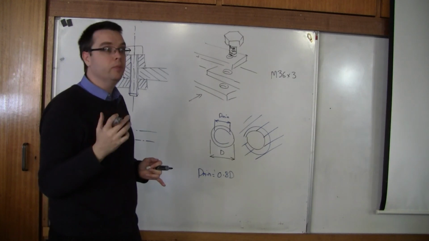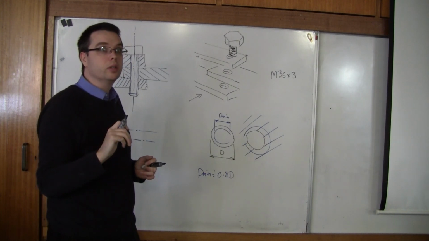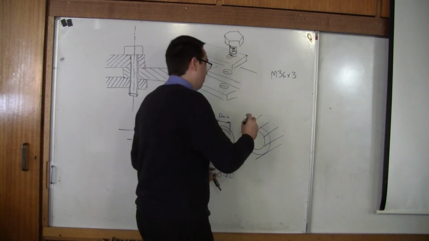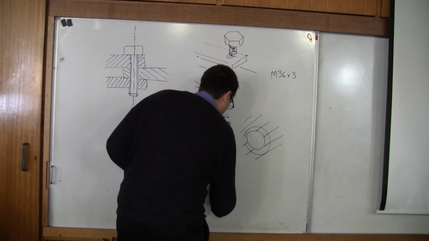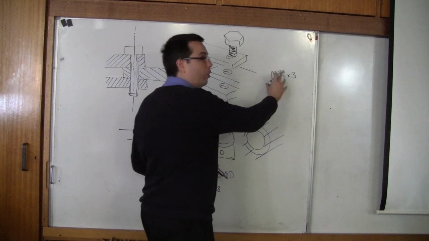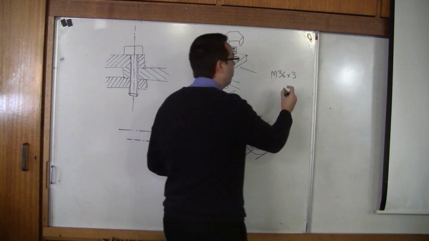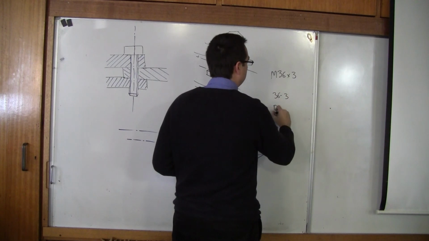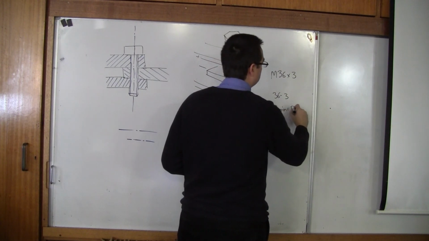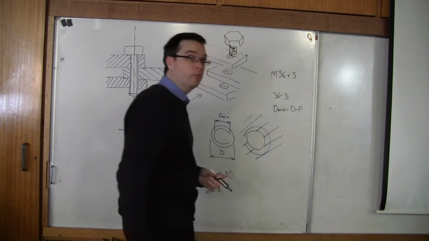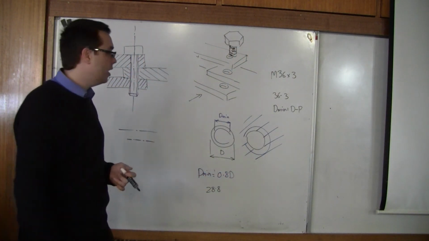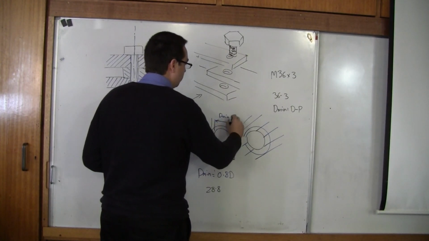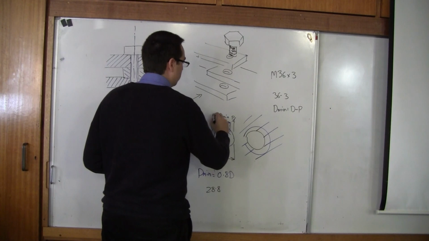It's a bad number, but I should use something like 40, but anyway. 28.8, okay. Whereas on the other hand, if it's a fine thread, it's going to be 36 minus 3. D min equals D minus P, minus the pitch. The idea there is that this here is half the pitch, and this is half the pitch.